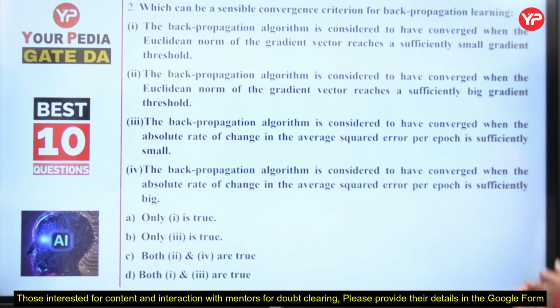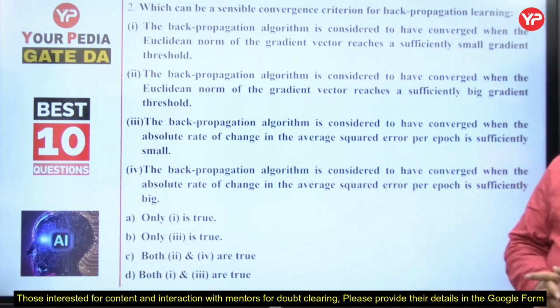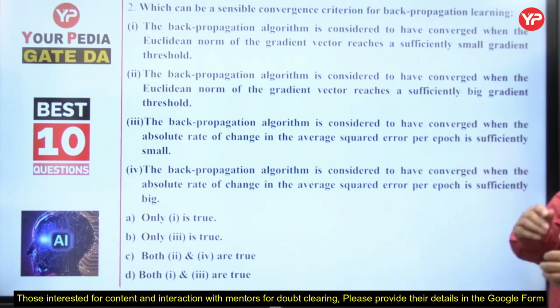Now second question, which can be a sensible convergence criterion for back propagation learning? You can stop the video, try to solve this problem and then see the answer. The back propagation algorithm is considered to have converged when the Euclidean norm of the gradient vector reaches a sufficiently small gradient threshold. Yes, when the gradient threshold has become small, the weights are not changing much.